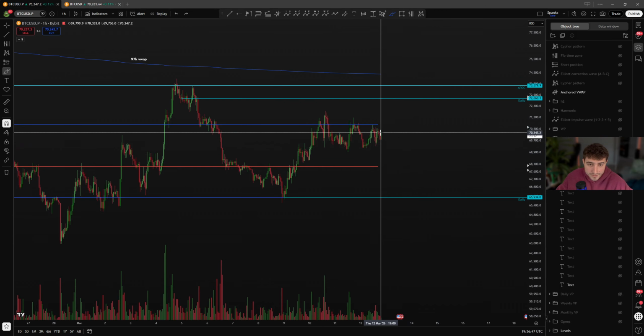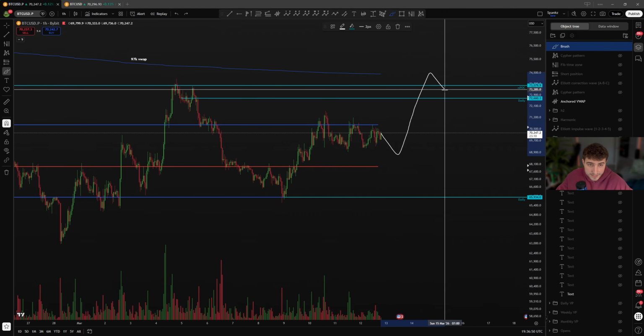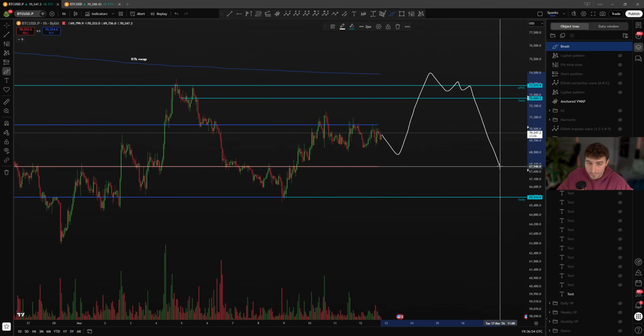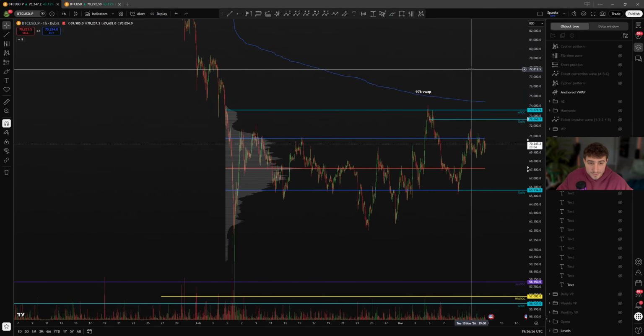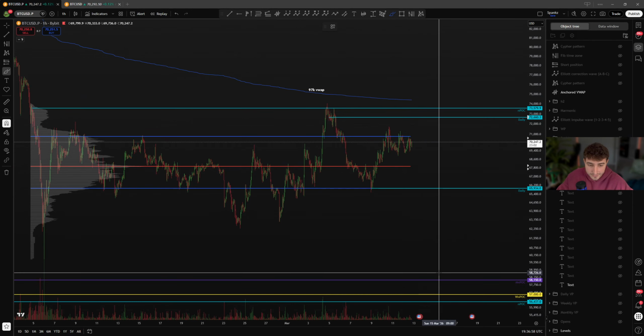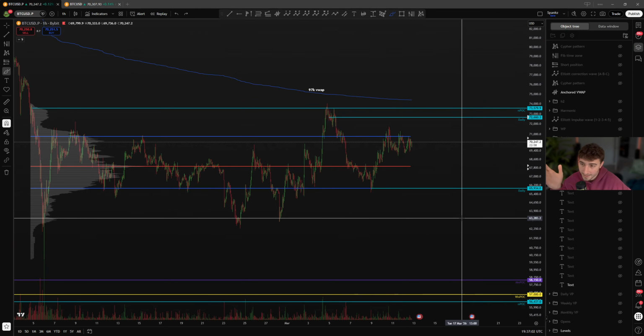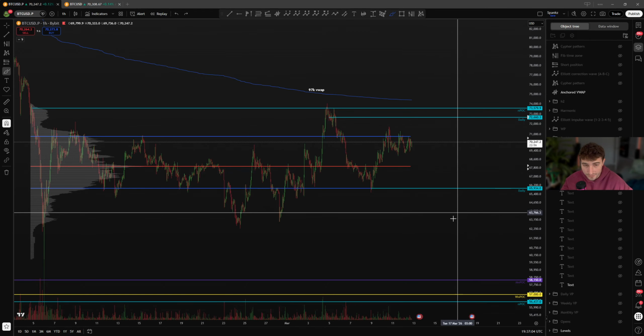Whether you come up into this and you take the highs and lose support, that's a valid short setup. Either way, the overall highest probability, in my opinion, is still taking out these lows below 60K. And I do think that that's going to be a very rewarding trade if we do get that down there.